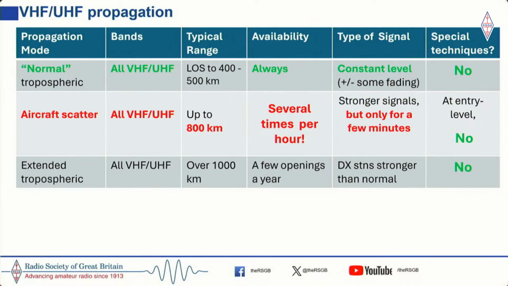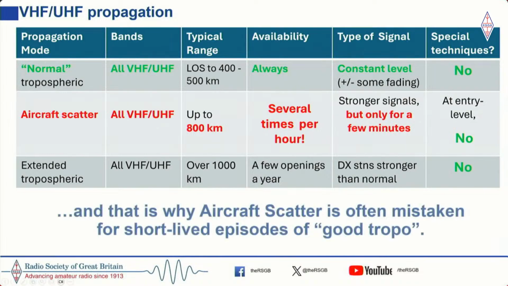When you push it a bit farther, then yes, it does begin to require special techniques to prepare for a contact and then to be pretty businesslike about it, because you don't know how long you've actually got to complete it. So I think that's about all I want to say about propagation modes for the moment, but it does explain why aircraft scatter has been so easily mistaken for short-lived episodes of normal or good tropo.